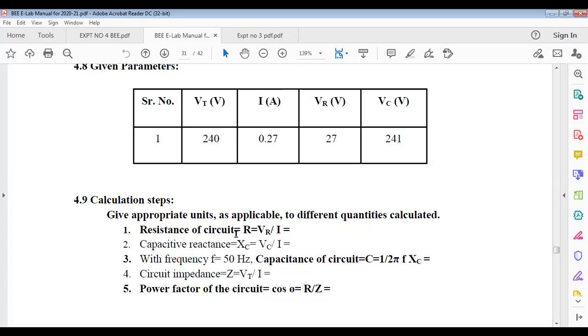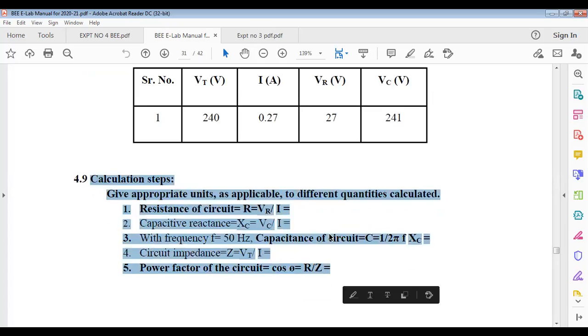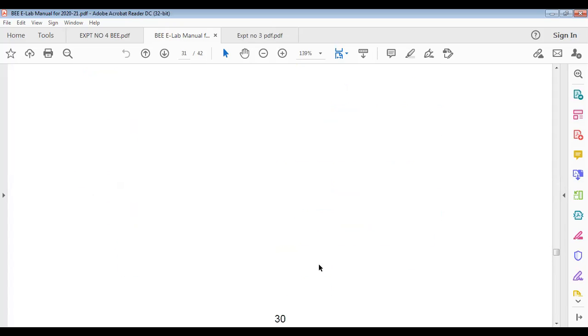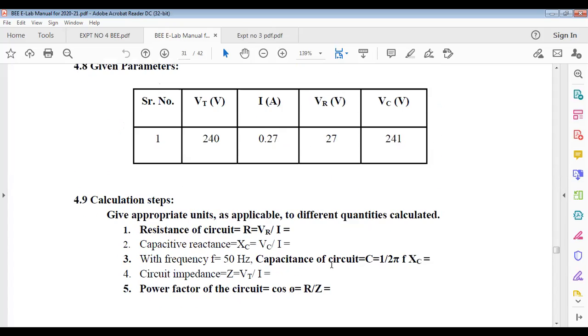Now here if you do calculations, all of you can refer this e-manual, it's page number 30. Okay. Now if you do VR you have, current you have. If you do VR by I, what you will get? Resistance. Correct, resistance, and its unit is ohm.